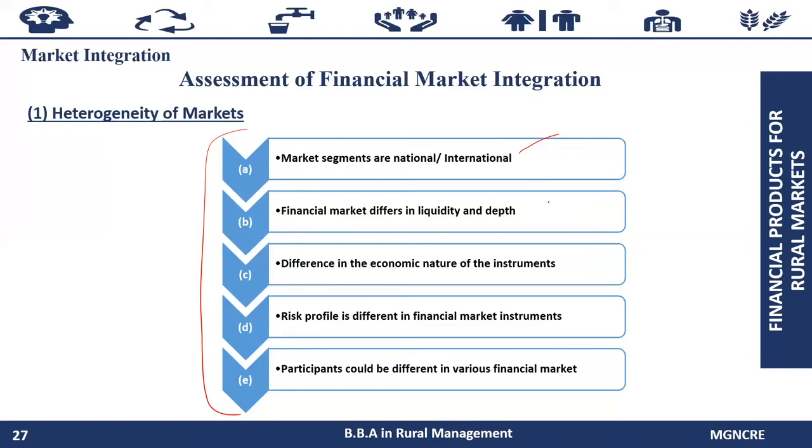Then a financial market differs in liquidity and depth. The financial instruments have different depth as well as liquidity. Then there is difference in the economic nature of the instruments, which cater to the various needs of economic agents.